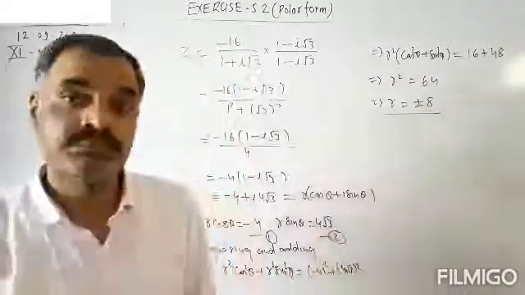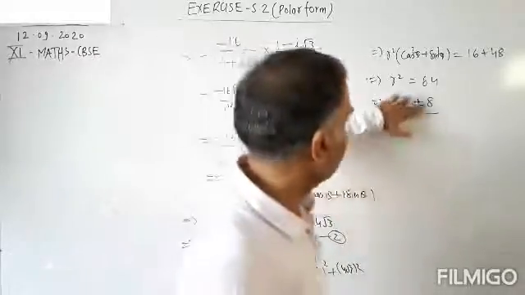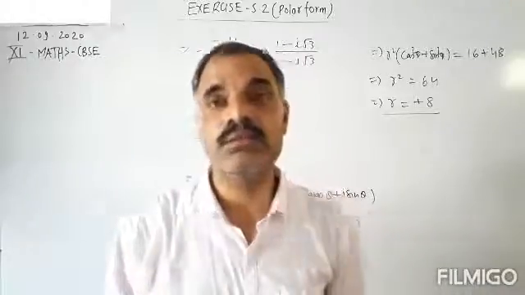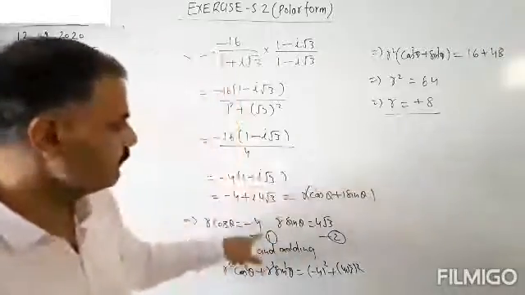So the magnitude of the given complex number is plus 8. Magnitude means the value of r is equal to plus 8. Now we will put this r in equation number first and second.